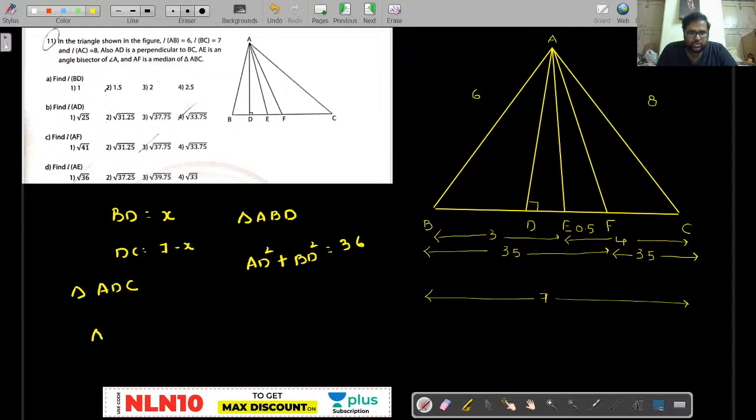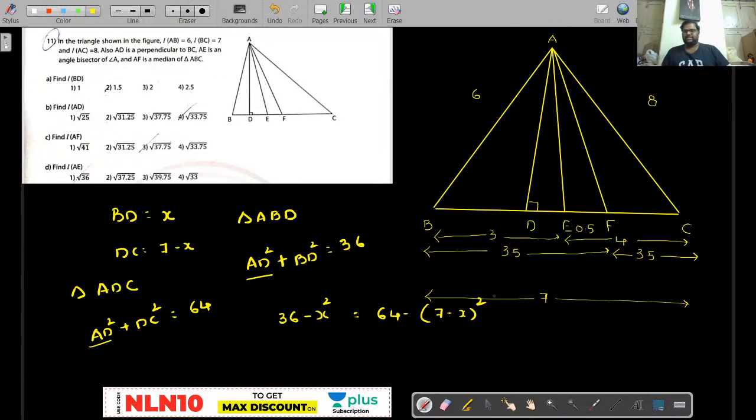In this also, AD square plus DC square is equal to 8 square, which is 64. Now, AD is common here. So can I write 36 minus x square is equal to 64 minus (7 minus x) whole square?